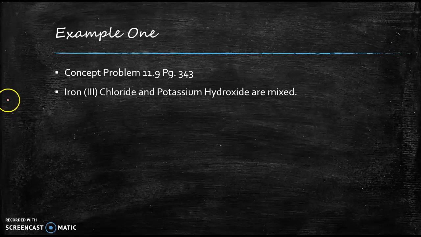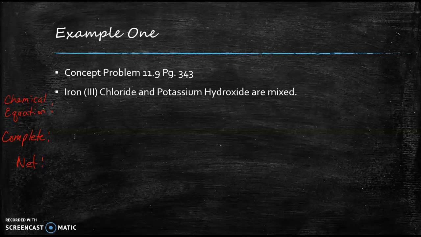First, we have to come up with our chemical equation and predict those products. Then we have to do our complete ionic equation. And after we have identified our complete equation, we can create our net equation.